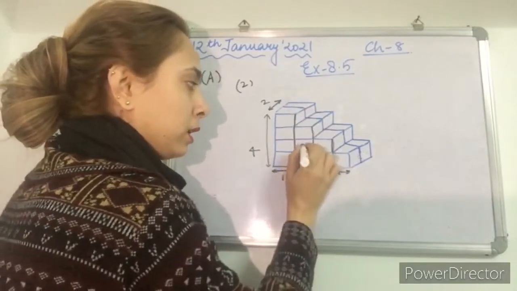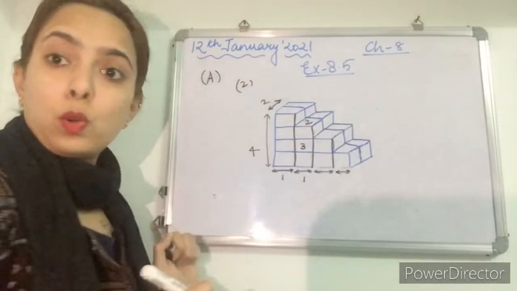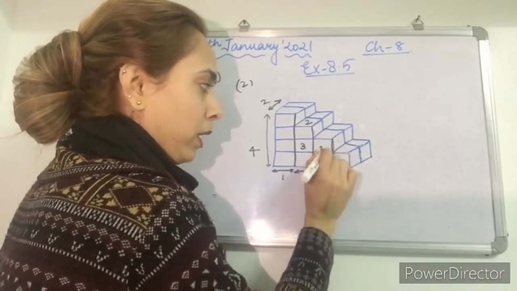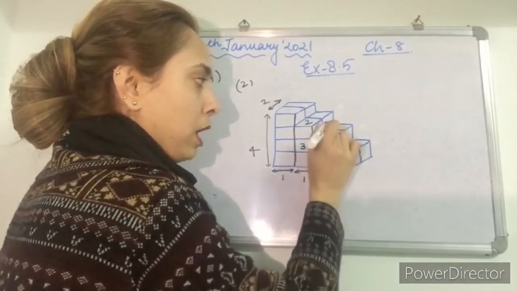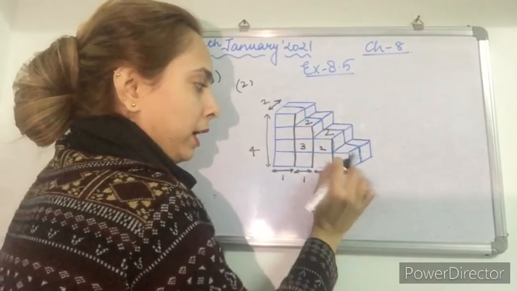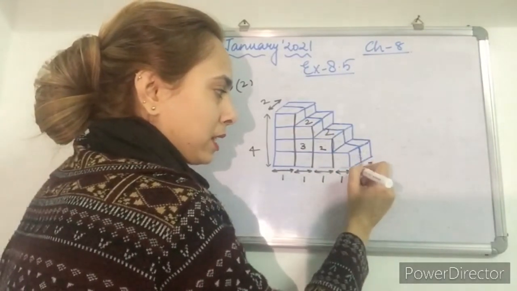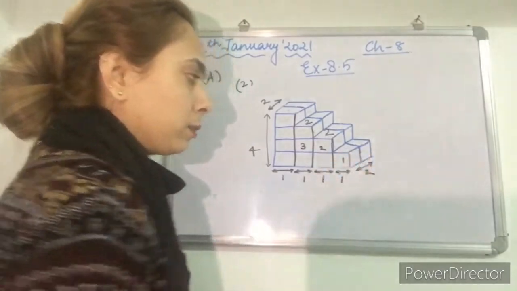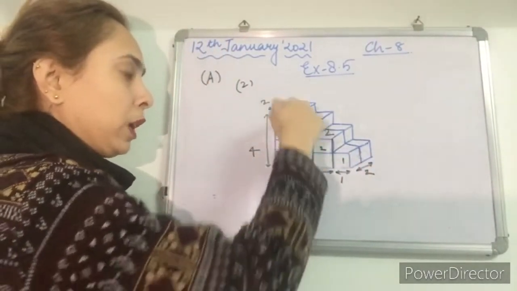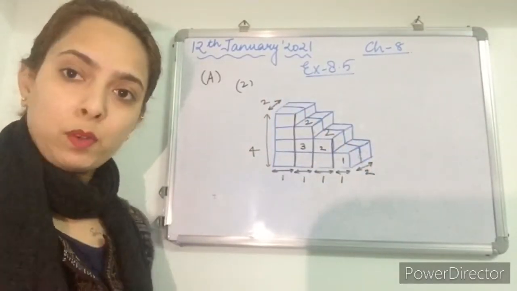Height will be 3 and breadth will be 2. Here length is 1, height is 2, and again the breadth is 2. Here length is 1, breadth is 2, height is 1. So now we will find out the volume of these cuboids separately.